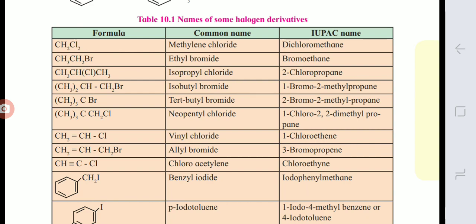So the name of the alkyl group is followed by the word halide, and the name of the compound becomes ethyl bromide. Then while writing the IUPAC name, your bromine is present on the first carbon always. The functional group carbon is always carbon number 1, and then write down the numbering. So CH2 carbon is 1, CH3 carbon is 2. So it is bromoethane.